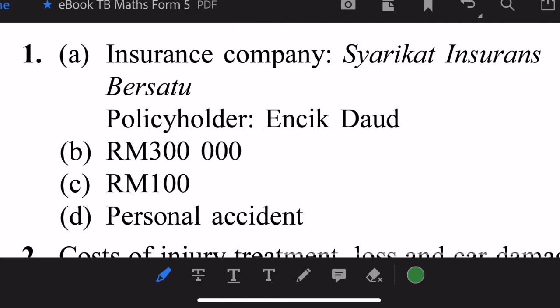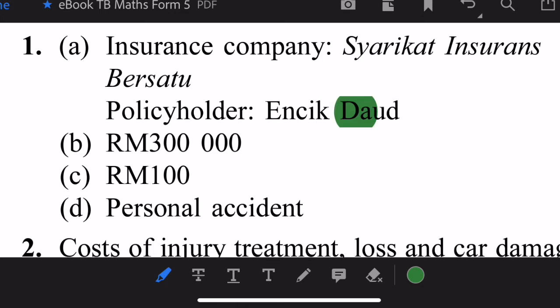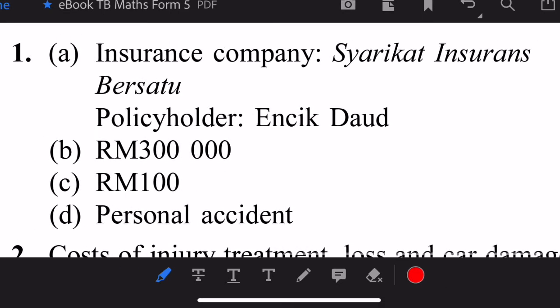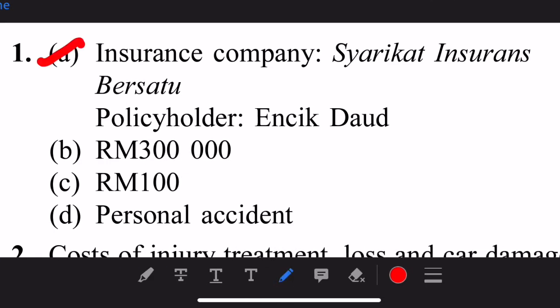And the D is a personal accident. So I'm sure you have no problem. We have discussed number 1: you must know the company, coverage limit, premium, and the personal accident.